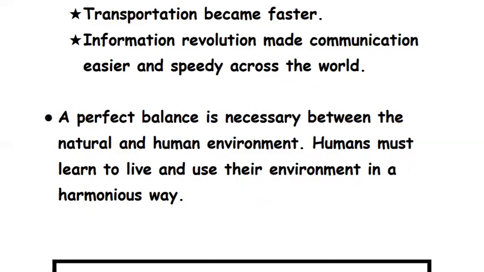A perfect balance is necessary everywhere, not only between human and nature, but everywhere. And humans must understand, humans must start living in a harmonious, in a peaceful way with the environment. Peaceful means they should not destroy the environment.